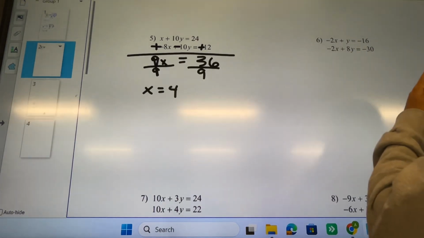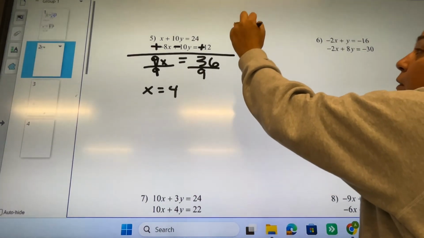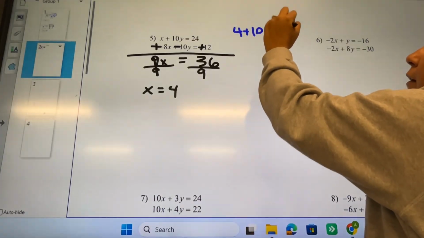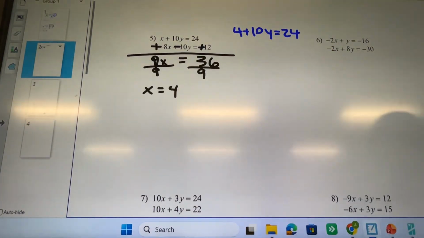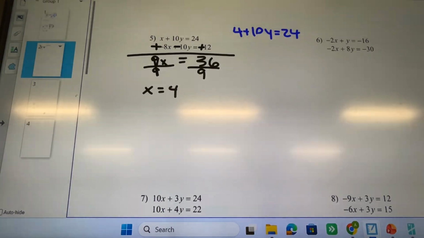So we're gonna plug that back in. So it's gonna look like 4 plus 10y equals 24. Okay, and then what needs done? Subtract 4.